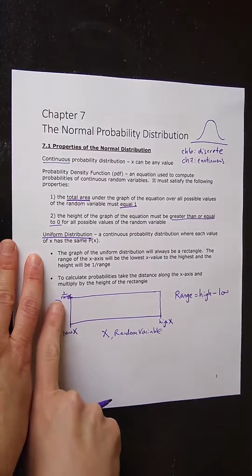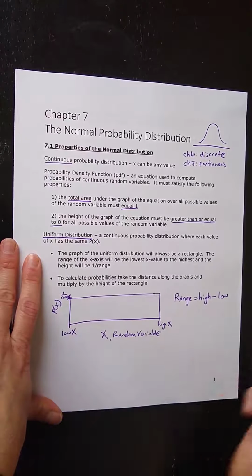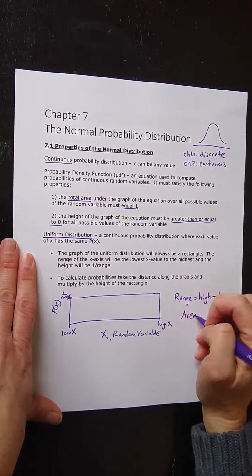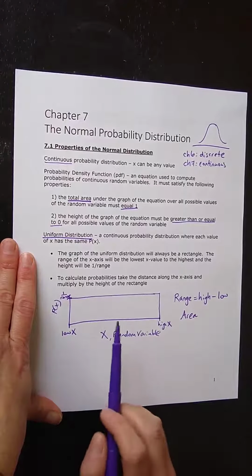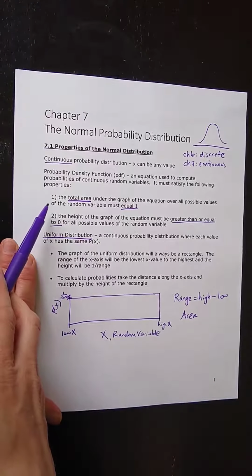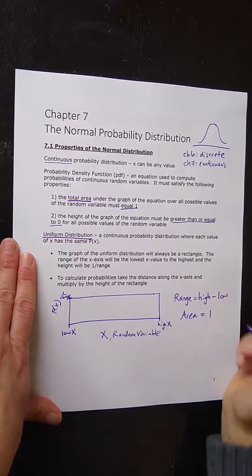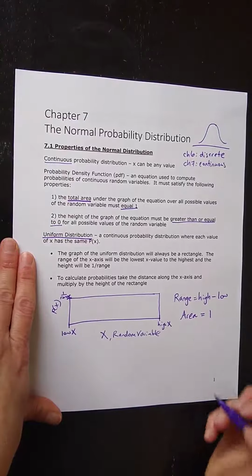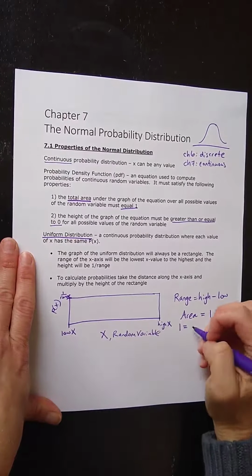Probably you're wondering, why is this 1 over range? If you think about the area of a rectangle, it is length times width, or base times height. What we know from number 1 up here is that the total area has to equal 1. So the area of this rectangle has to equal 1. So 1 is base times height. The base we've called range.